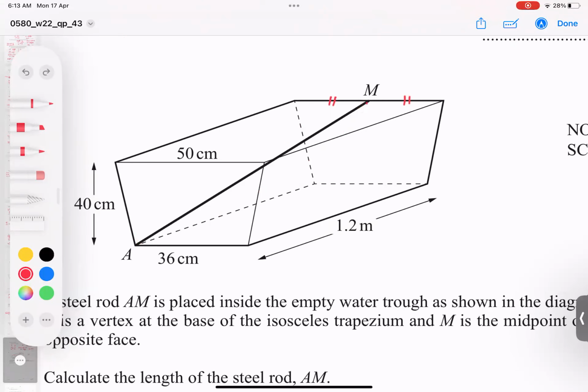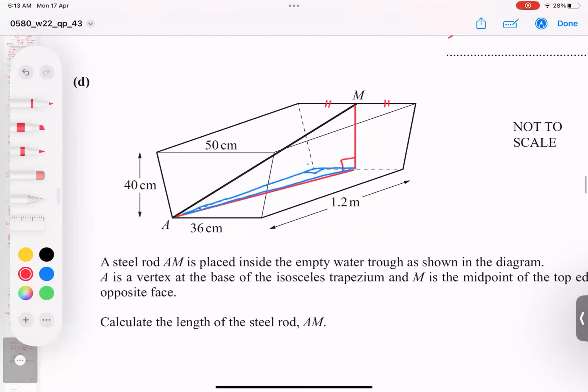I will draw a perpendicular, then join a line with that. This is 90 degrees. But if you look carefully, we have another triangle. I'll show you the blue colored triangle: this, this, and a 90 degree angle. So I have two triangles, students.